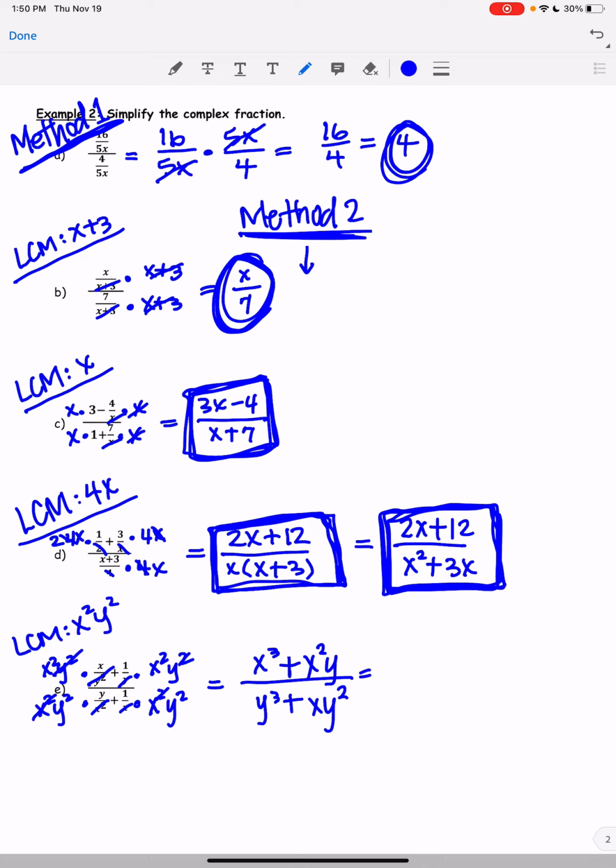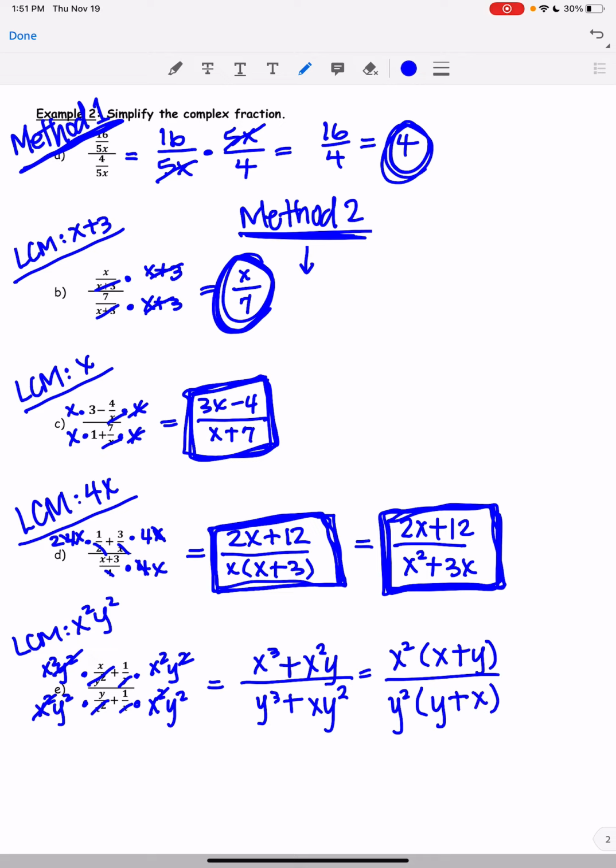I can take out an x squared in both of those. So that leaves me with x plus y. All over, in the bottom, we've got y cubed plus xy squared. Both terms have 2 y's, so I'll take out a y squared. And that leaves me with y plus x.